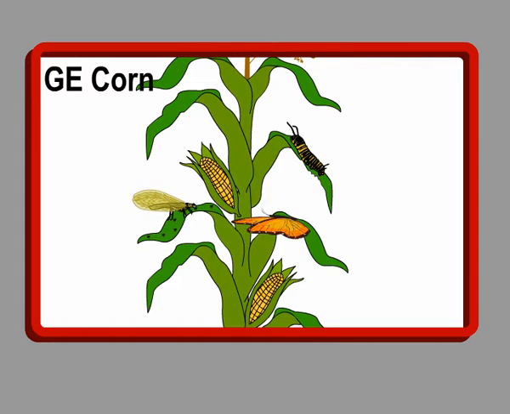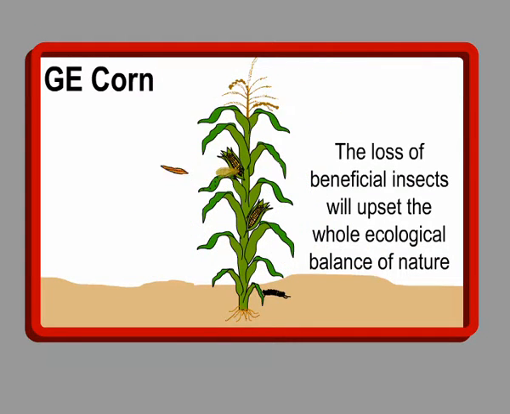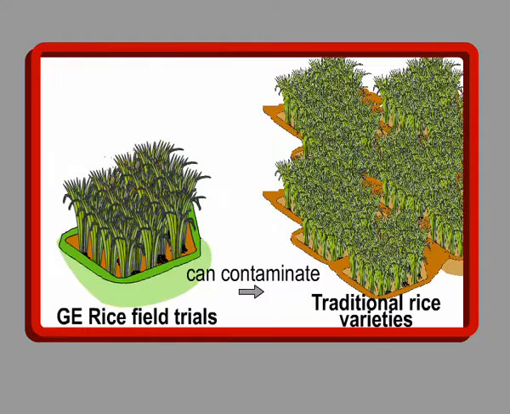Beneficial insects, like the lacewing, that eat crop pests, were found to die faster after feeding on pests that had eaten GE corn leaves. GE crops will also contaminate precious local crop varieties, destroying them forever. This process is irreversible. This happened in Mexico, which is the center of biodiversity of corn.